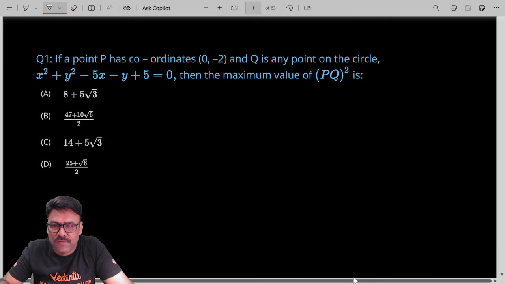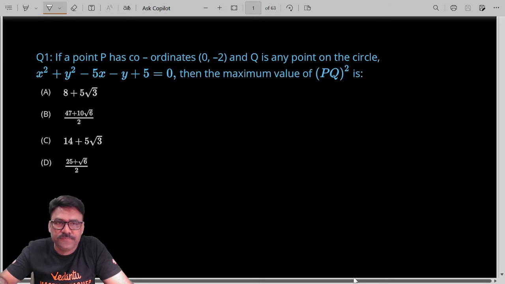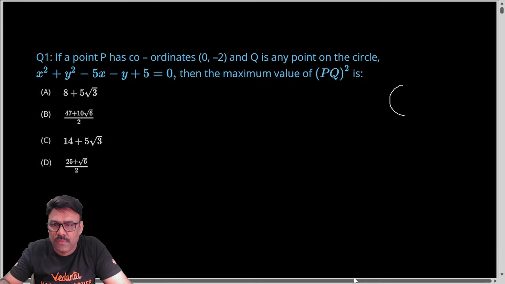So let's say this is your circle, and P is a point outside the circle. Q is a point on the circle, and PQ should be maximum.